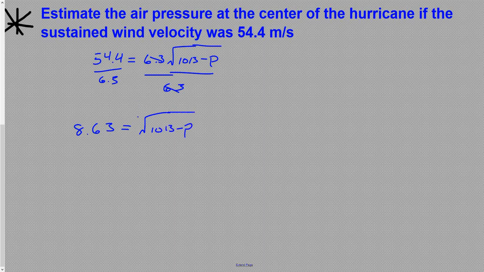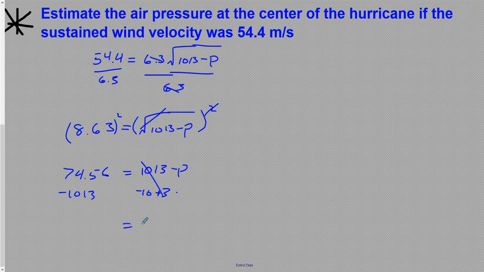Okay, so now I square both sides to get rid of the radical. I'm going to square because I'm looking for the square root, so I want to undo the radical. On the right, 1013 minus p, and on the left, that number squared should be 74.56. I'm going to subtract 1013 from both sides to get the negative p by itself.